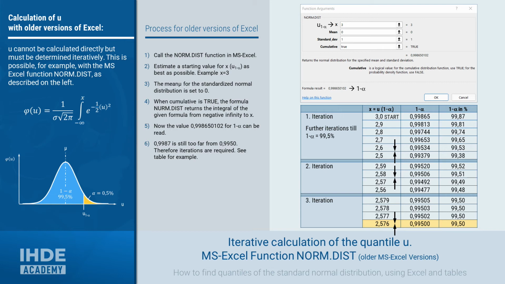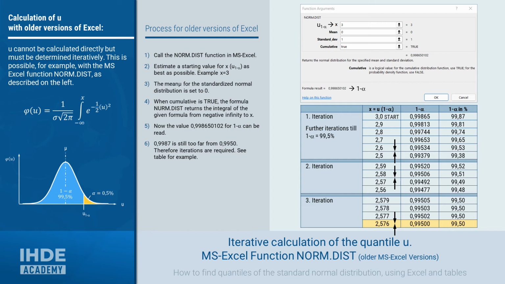This is the case between the x values 2.6 and 2.5. For the second iteration, the values for x in the first column go from 2.59 to 2.56 in 0.01 increments. This time, the 99.5% probability is between the values 2.58 and 2.57.